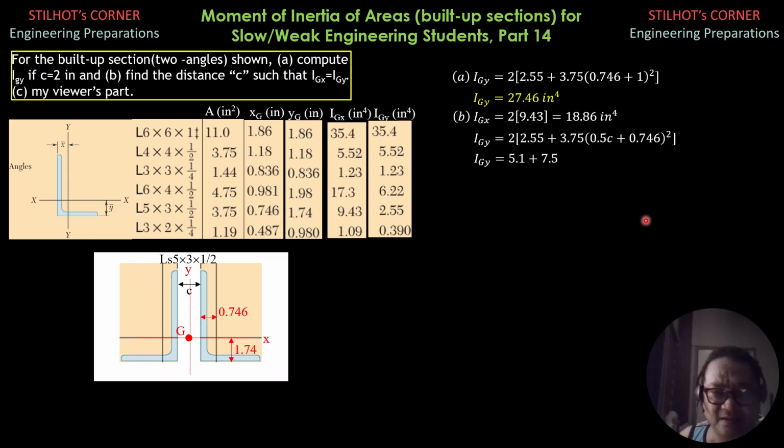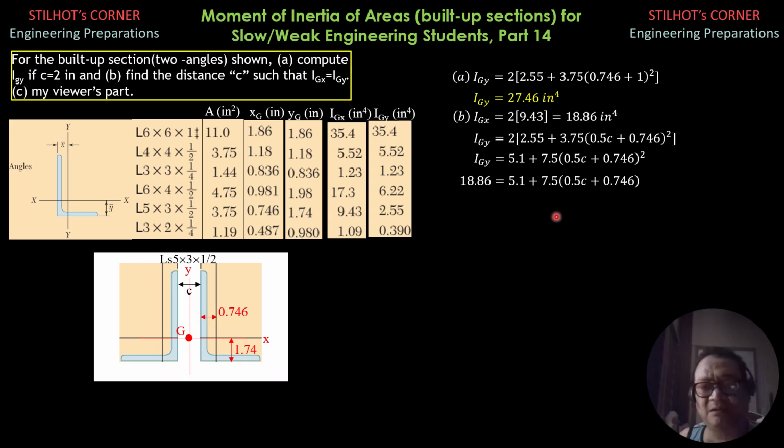Expanding this, distribute the 2, so 5.1 plus 7.5 times quantity 0.5 C plus 0.746 squared. Because the condition is IGX equals IGY, we equate IGX, which is 18.86, to this IGY here, and using your high-tech calculator, or you may expand for those students who are not allowed to use a high-tech calculator, you expand this.